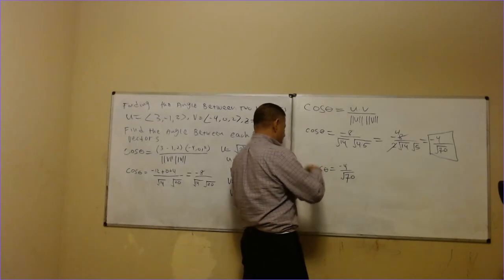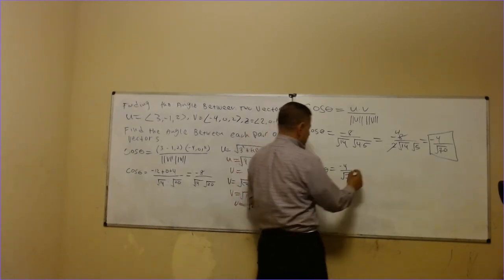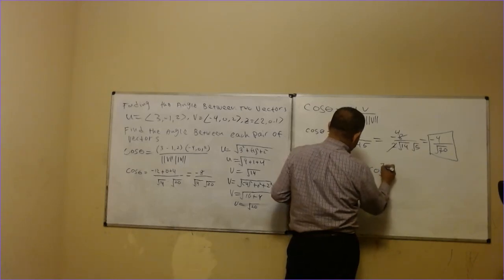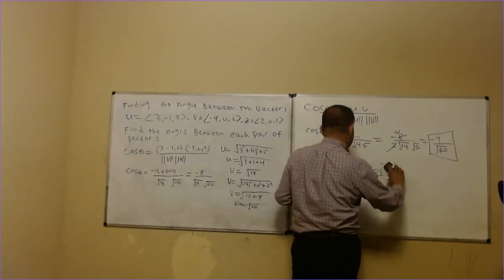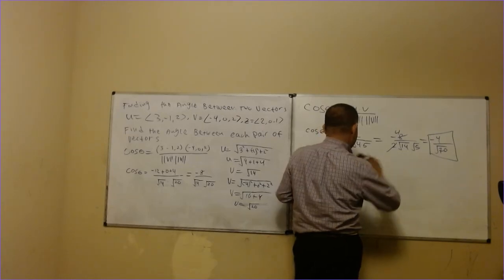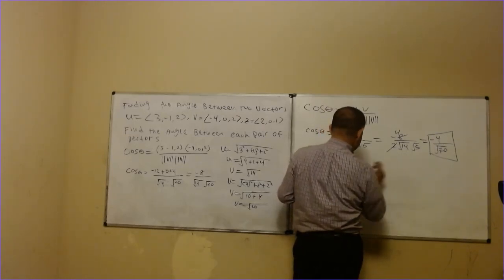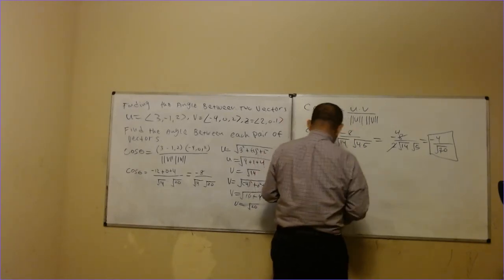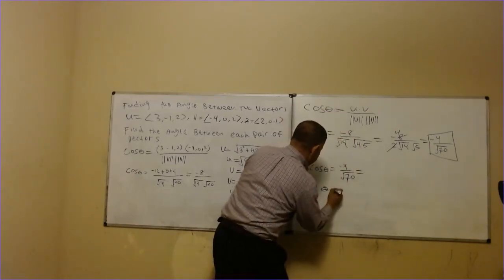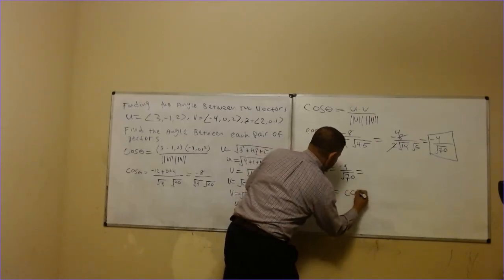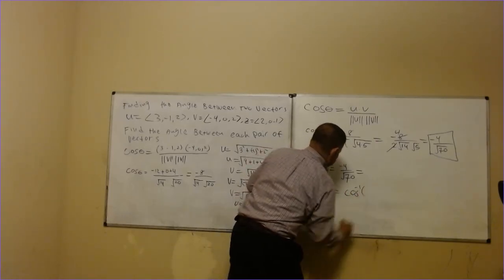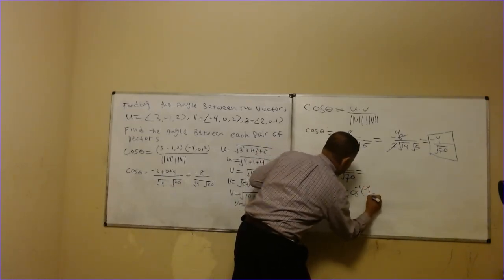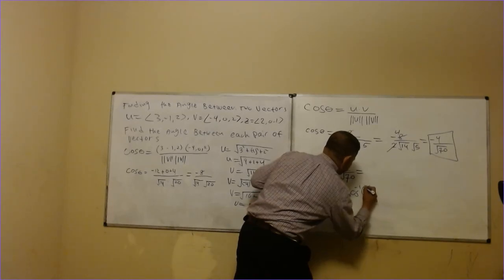If I take the inverse of that, it's going to be cosine inverse, so now theta is equal to inverse cosine of negative 4 over the square root of 70, right?